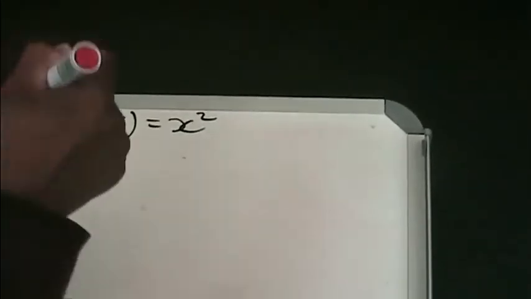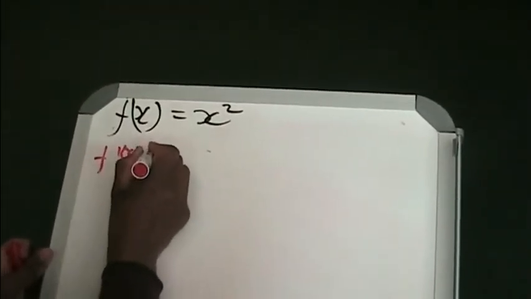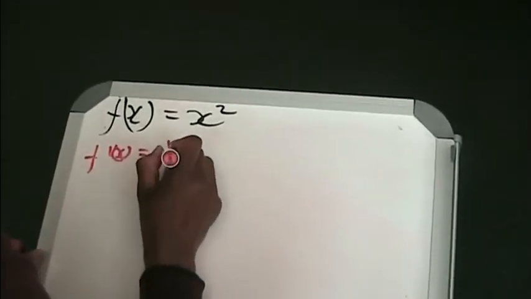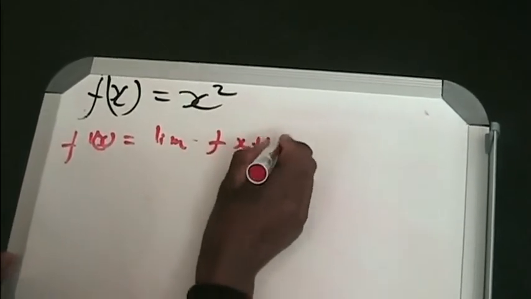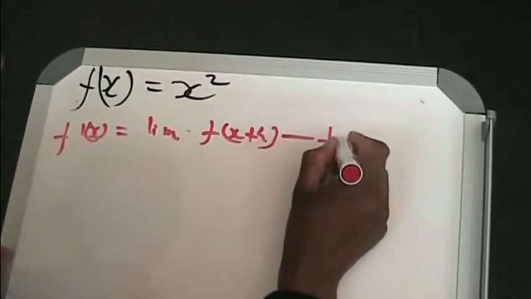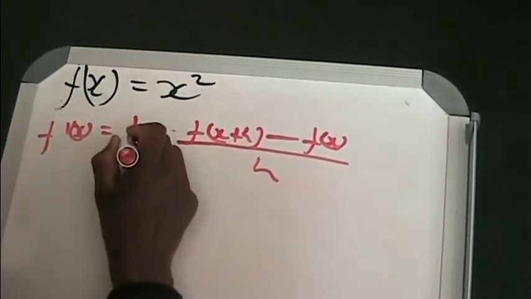f of x, welcome back, is equal to x squared. Then we'll use first principles to find f prime of x. The first step, the formula: f prime of x is equal to limit as h tends to 0 of f of x plus h minus f of x over h.